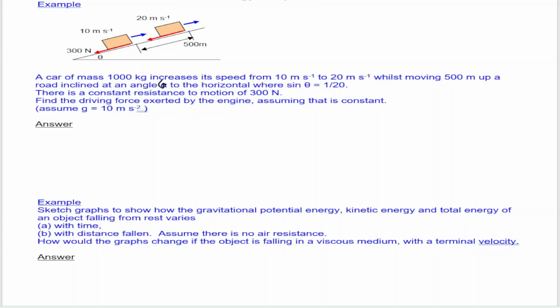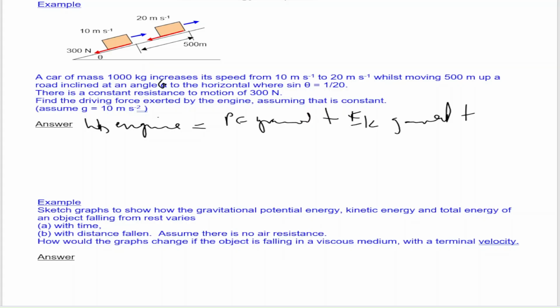Right, so in order for this car to move upwards, the work that the engine is going to provide should equal the potential energy gained, the kinetic energy gained, and the work done against resistive force. So the work done by the engine is the PE gained plus the KE gained plus the work done to overcome resistive forces.